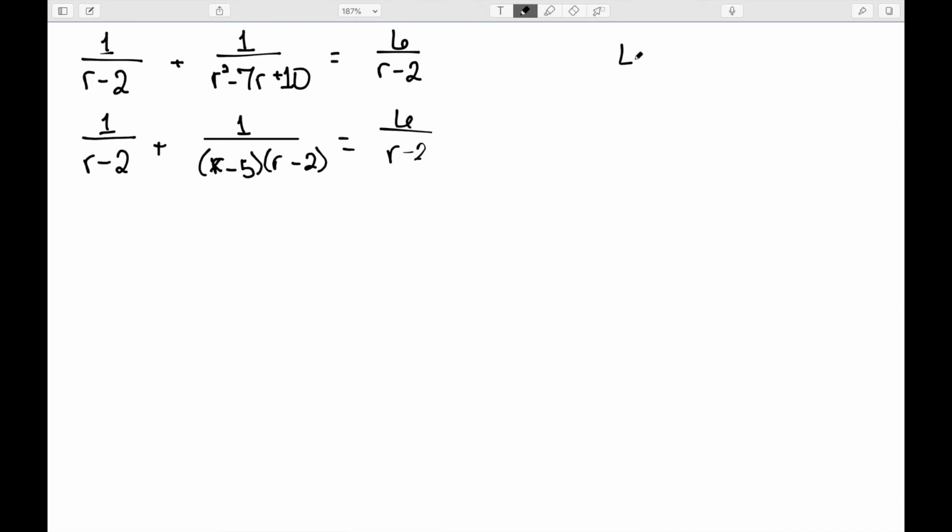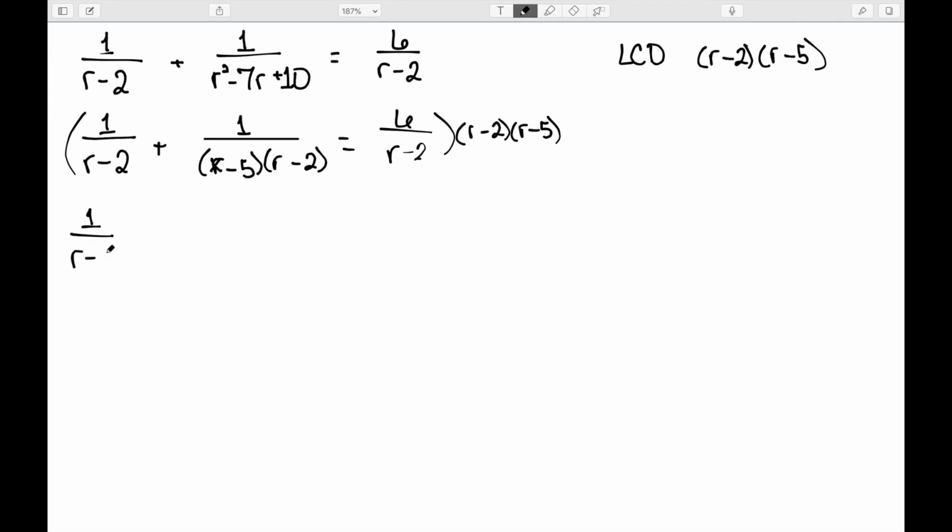So now my least common denominator, the first fraction has an r minus 2, the second one has an r minus 5 and an r minus 2, and the third one has an r minus 2. So I'm going to multiply everything by r minus 2, r minus 5.